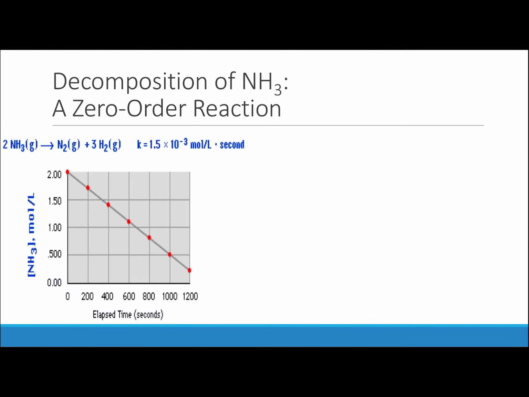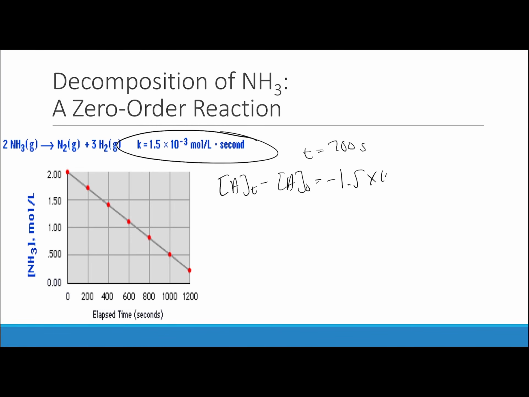Let's try out a problem with it. So here we have NH3 going to N2 and H2. Our k value is 1.5 times 10^-3 molarity per seconds, and let's look at time 700 seconds. So we use our zero order process. A_t minus A naught is equal to negative 1.5 times 10^-3 times t.